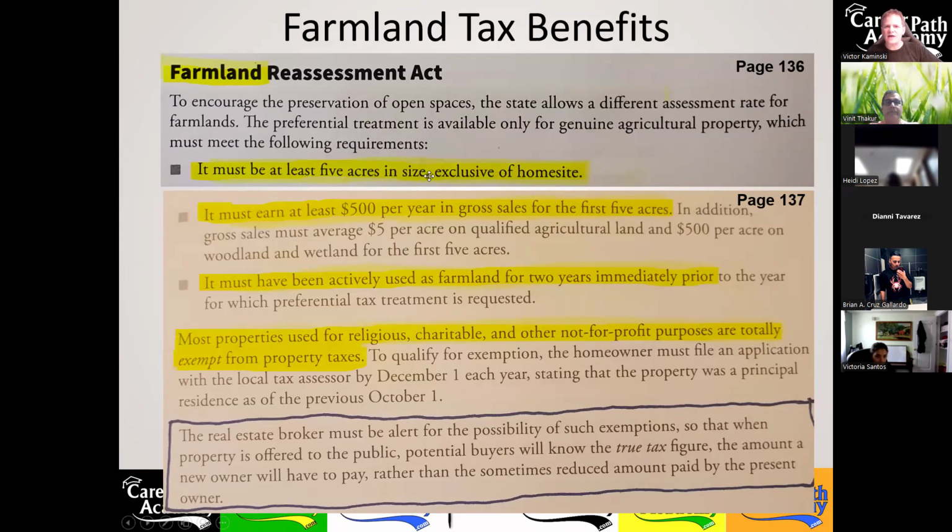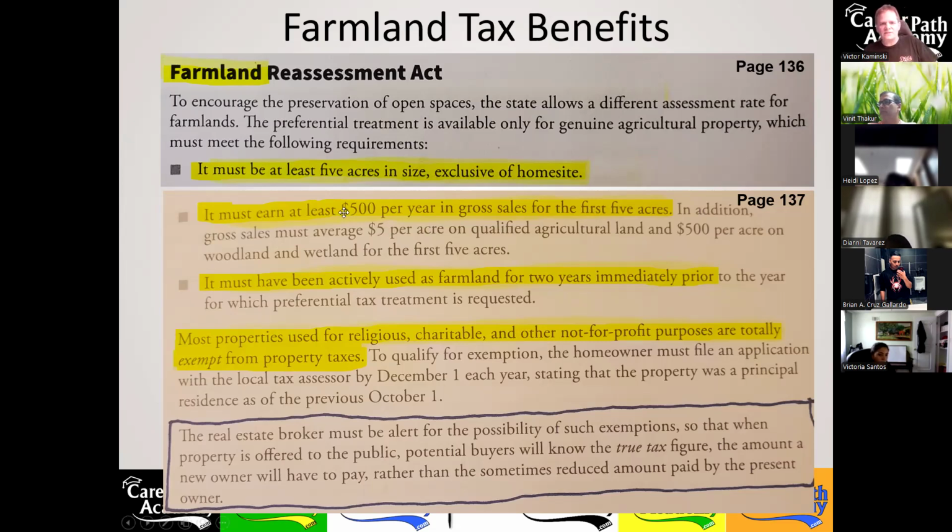It must be at least 5 acres in size, exclusive of the home site. Then this continues on the next page, 137. It must earn at least $500 per year in gross sales for the first 5 acres. The average now is $1,000 a year, but there's an exemption for wetlands and woodlands. So that's the lower amount, and that's the amount we need to know for exams.